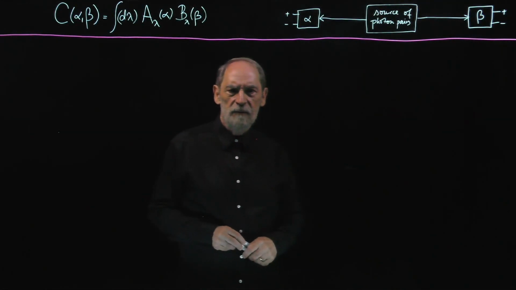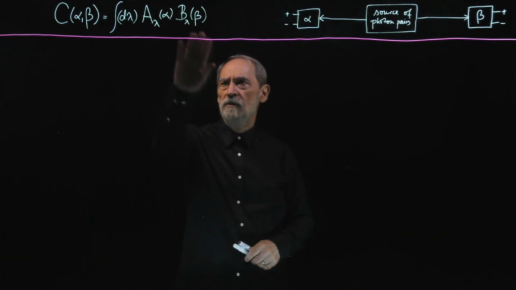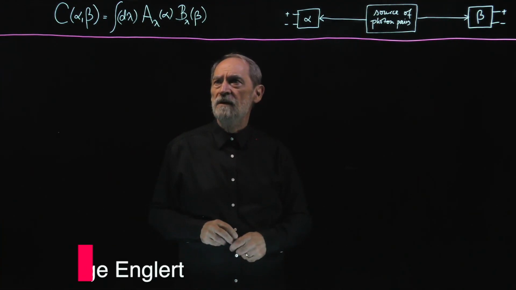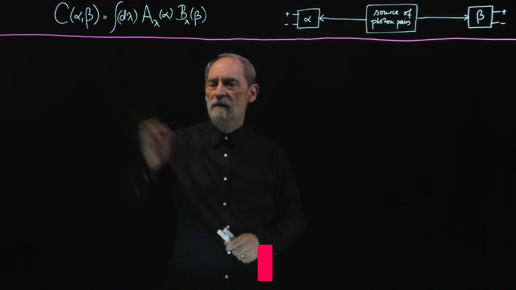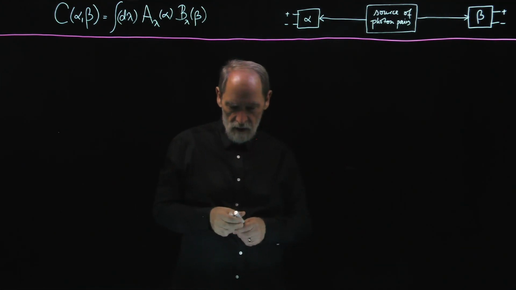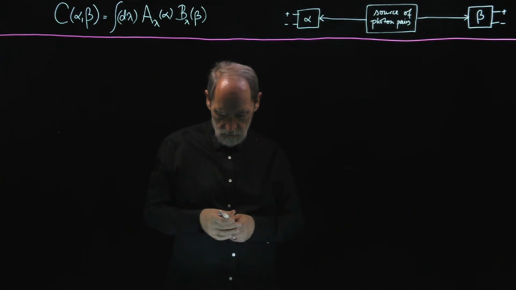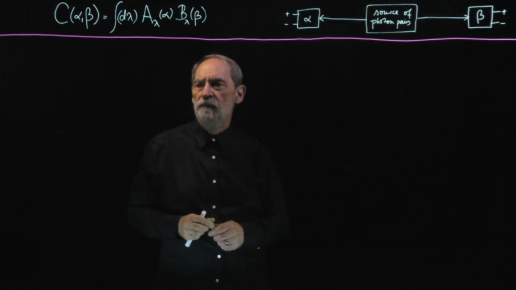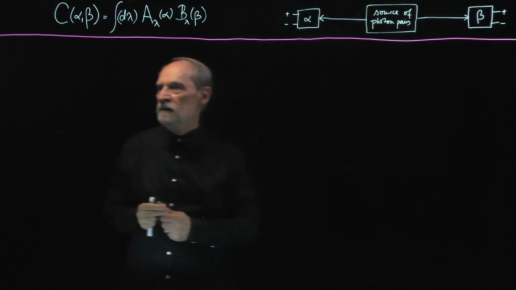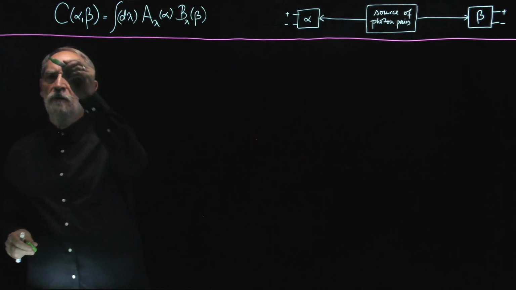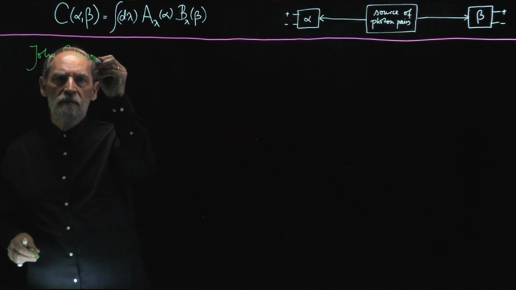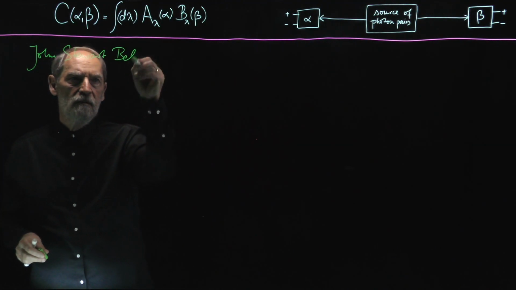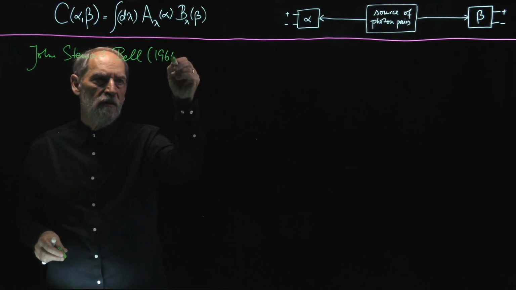So let's now see what we can conclude from the assumption that there is such a mechanism described by these functions A(lambda, alpha) and B(lambda, beta) of the kind that we just discussed. We are here aiming at an argument that was put forward by John Stewart Bell in 1964.